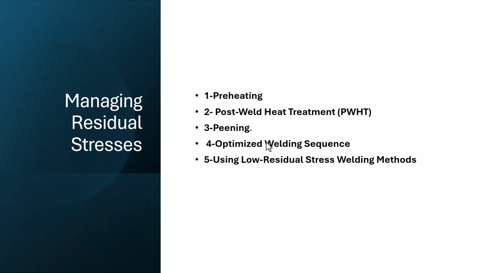The next one is optimized welding sequences. While we're dealing with multi-pass welding, we should optimize the process. We should let the material cool down, or we can use the temperature of the previous pass as a heat treatment for the next pass, and we have to optimize the time, the temperature, and everything else.